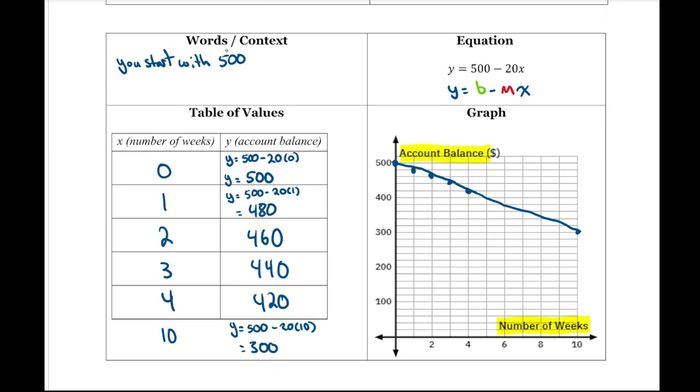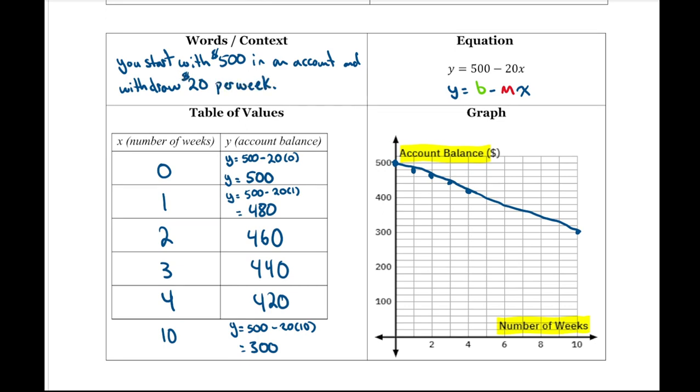We start with $500 in an account and withdraw $20 per week.